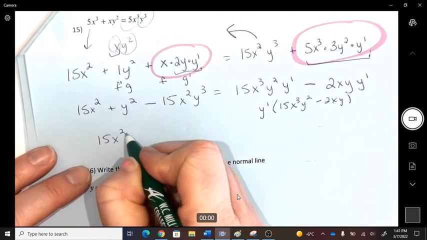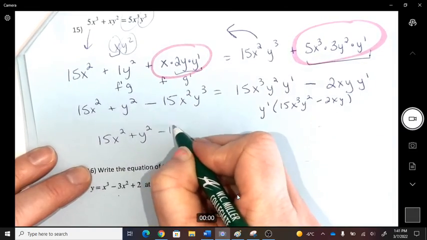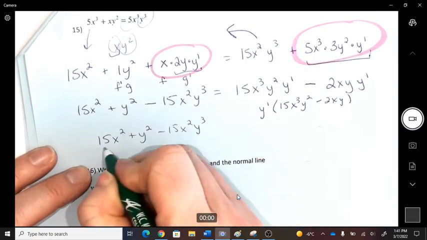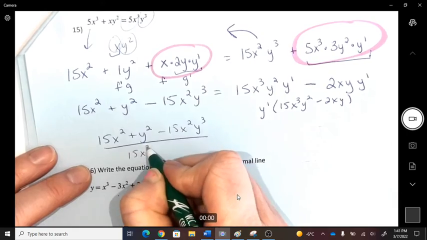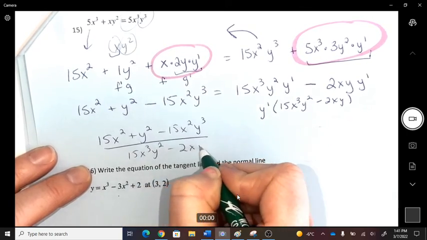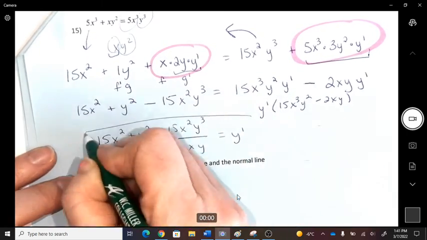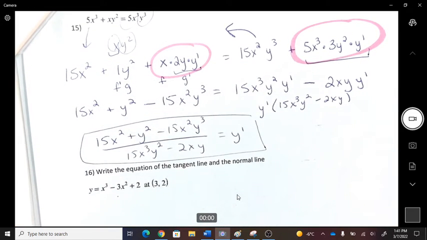You're going to have that division. Okay, so make sure every time you've done a derivative with a y, y prime. Okay, that's the number one thing to think about when you're doing that.